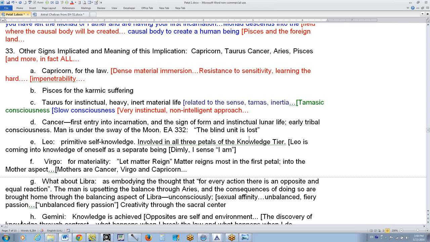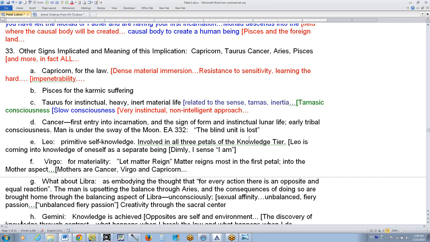Cancer, yes, the first entry into incarnation as a group, and the sign of form and of the instinctual lunar life, early tribal consciousness. So man is under the sway of the moon. And from Esoteric Astrology 332, the blind unit is lost. What about Leo? Primitive self-knowledge. It's involved in all three petals of the knowledge tier. It is primitive, and the self that is known is only the outer self.